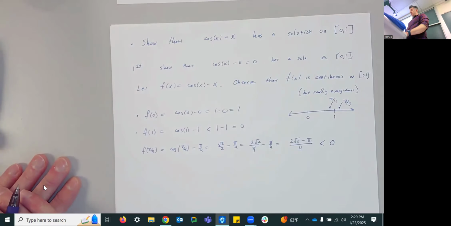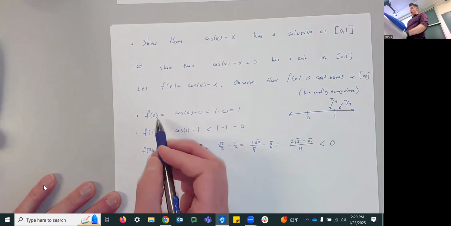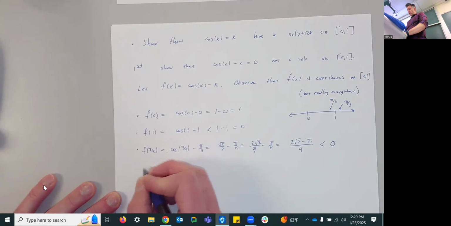So that means great. We've shown that the function is negative at pi over 4 and positive at 0. So we can say somewhere between, I should write all the words here.